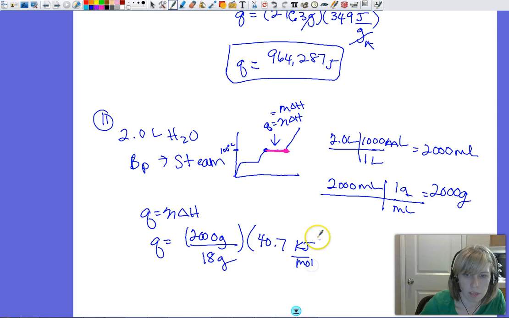So that's off my sheet. And when I do that, I get 4,522.2 kilojoules. And we can just leave in kilojoules since it didn't specify any different.